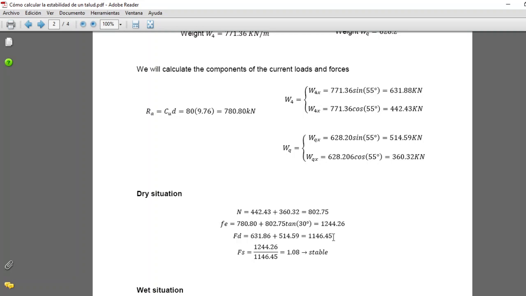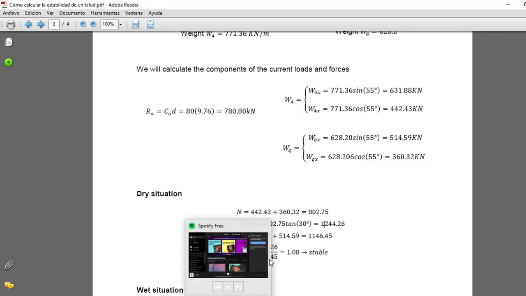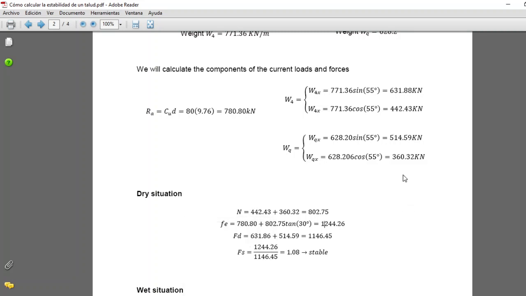And for FD, we need to add the component of x plus the component of x of W4 and WQ respectively.